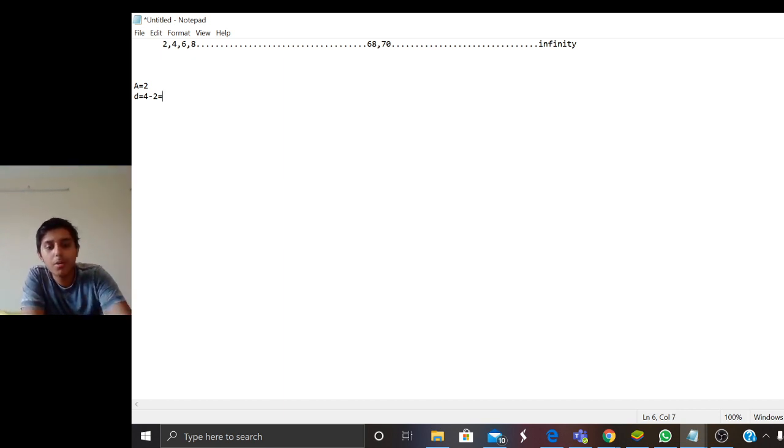The third term is 6, minus the second term, which is 4. And what does this give? It gives us 2 as the answer in each case. So the common difference is 2.